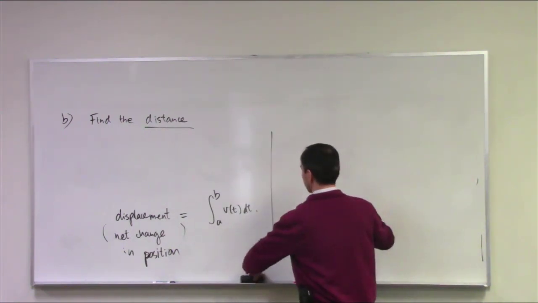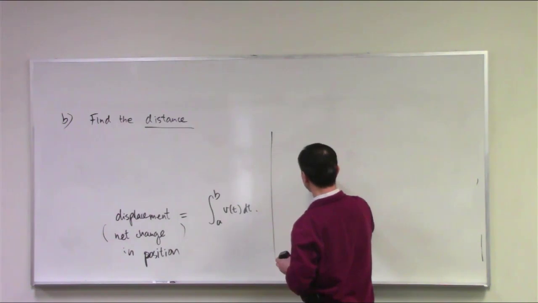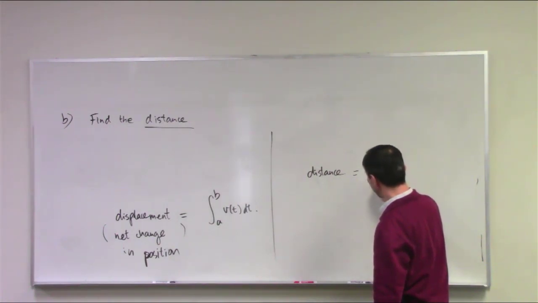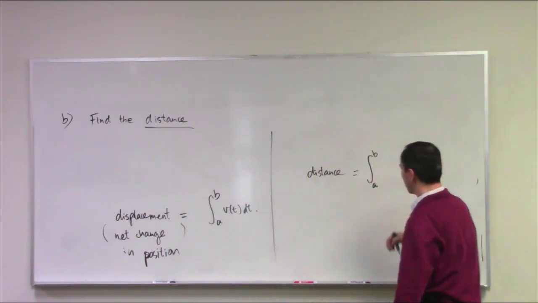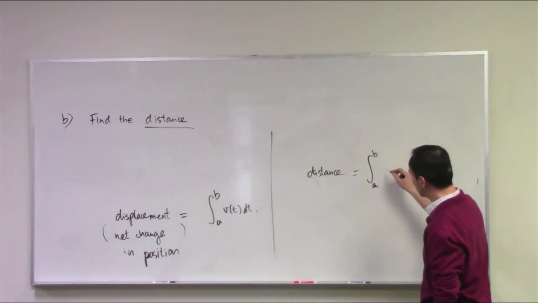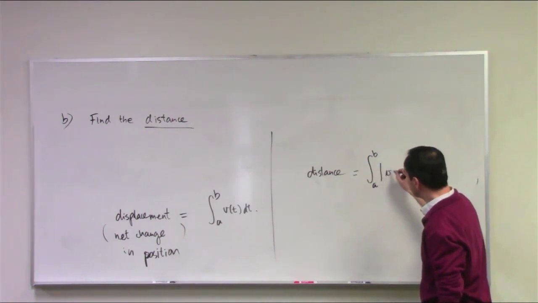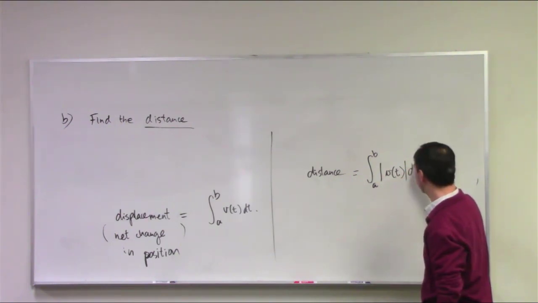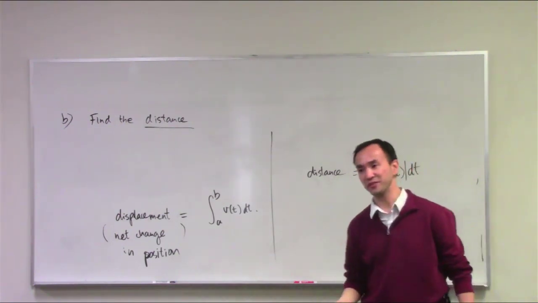Speed, distance, can be found by taking the definite integral over your interval of your speed function, which is the absolute value of your velocity function.